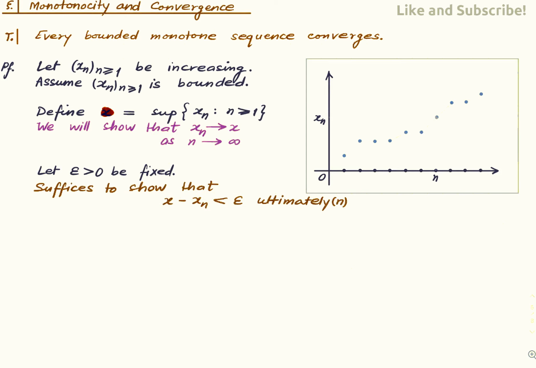X is the supremum of all the xn's, and this is anyway positive. So as soon as you show this, you have already shown that it actually happens in the absolute value, which is the definition of convergence.